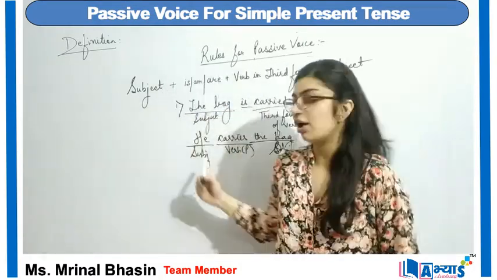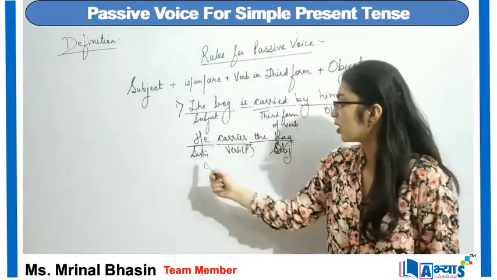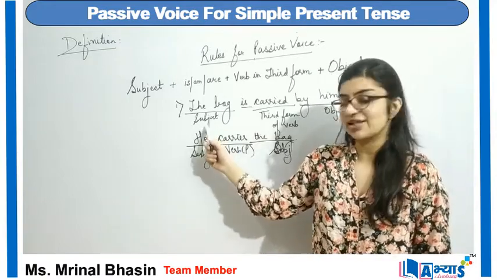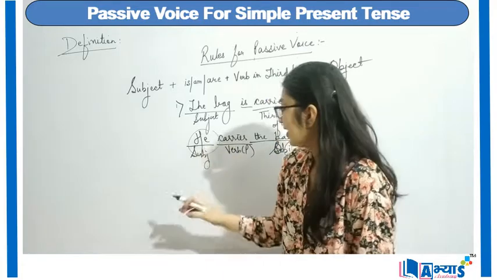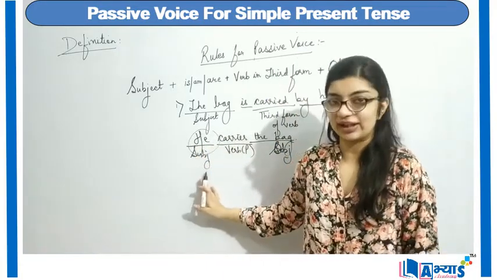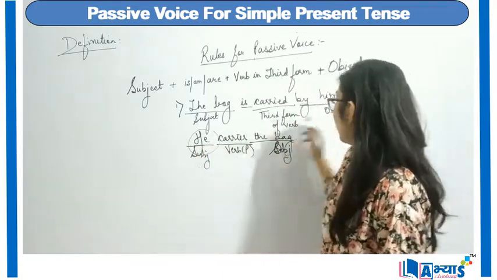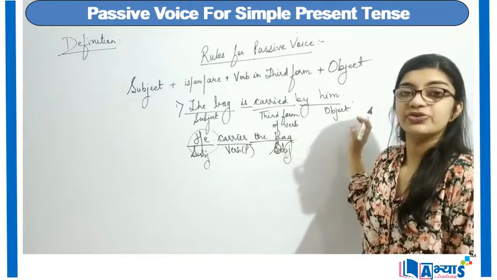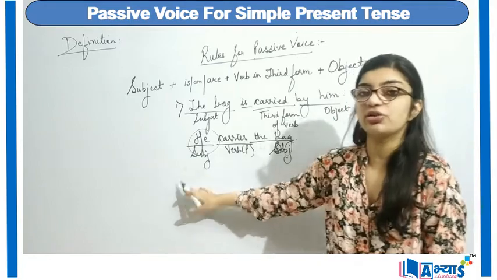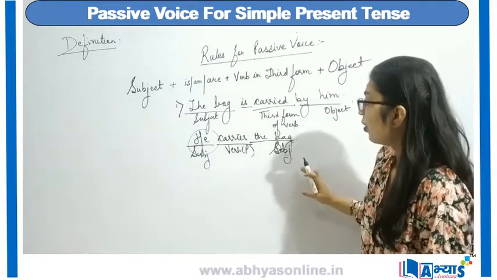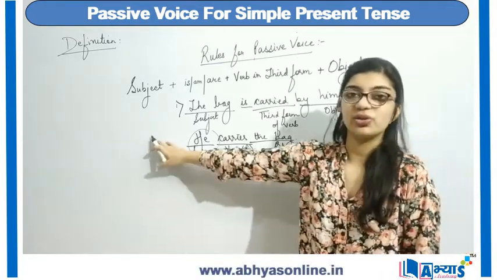So over here, we notice that to convert active into passive, he was the subject in active form, but now him is the object in passive. So the subject gets converted to object and the object gets converted to subject.